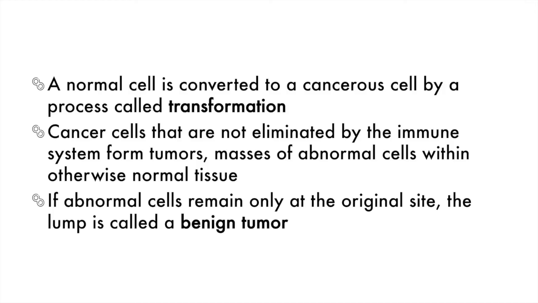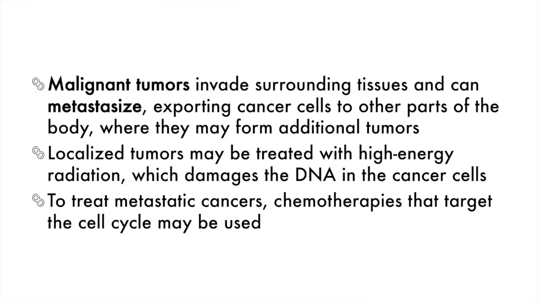Our immune system can target most of these transformed cells, but sometimes that measure fails, and masses of abnormal cells called tumors may form. A benign tumor is one that is restricted to a small area and doesn't spread. Unfortunately, there are malignant tumors that can spread to adjacent tissues and to similar tissue types around the body. This process, the spreading of cancerous cells, is called metastasis.